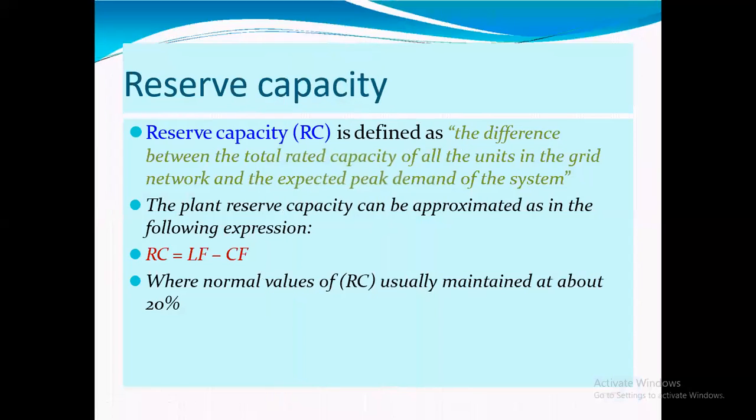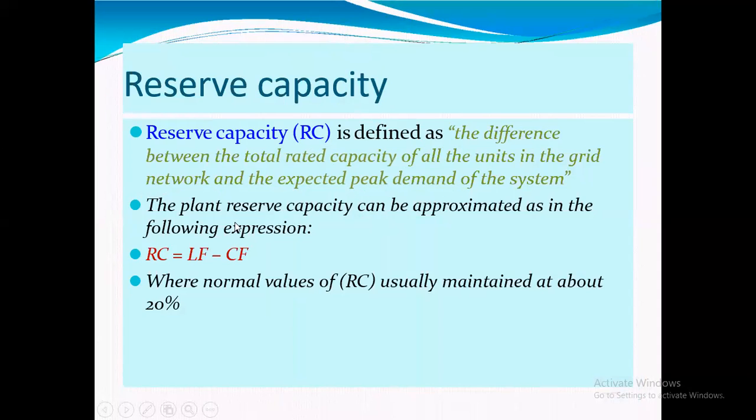Reserve capacity, and how it can be found and what it is. Reserve capacity, which we call RC, is defined as the difference between the total rated capacity of all the units in the grid, your local grid or national grid network, and the expected peak demand of the system.